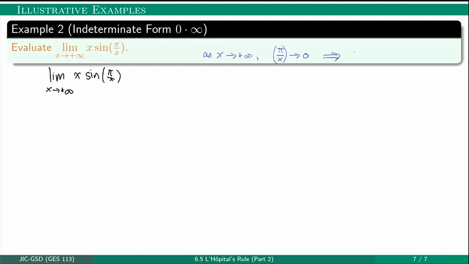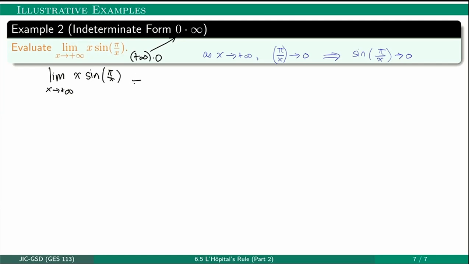And this means that sine of pi over x will go to 0. So in a way, our form now will be x goes to positive infinity, while sine of pi over x will go to 0. This is an indeterminate form, 0 multiplied by positive infinity.